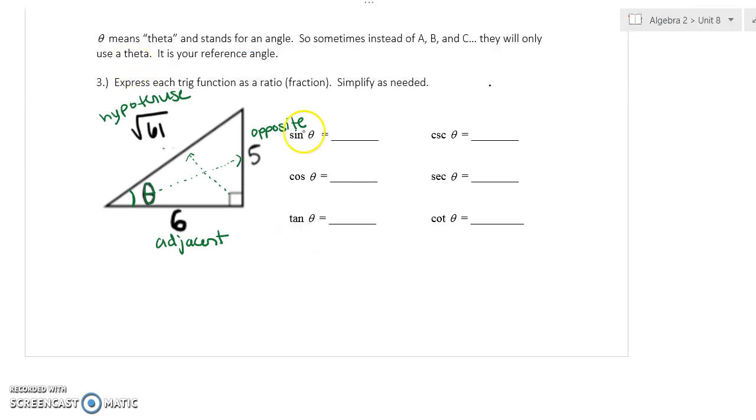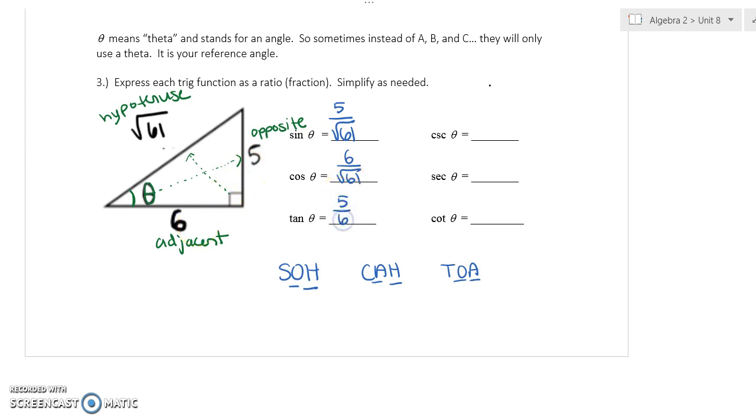All right, so we're going to go ahead and do SOHCAHTOA again. Sine, so sine is opposite and hypotenuse, so that's 5 over square root of 61. Okay, and then we have cosine, we have adjacent and hypotenuse, so we're going to do 6 over square root of 61. And then we have tangent, opposite and adjacent, so we have 5 over 6.